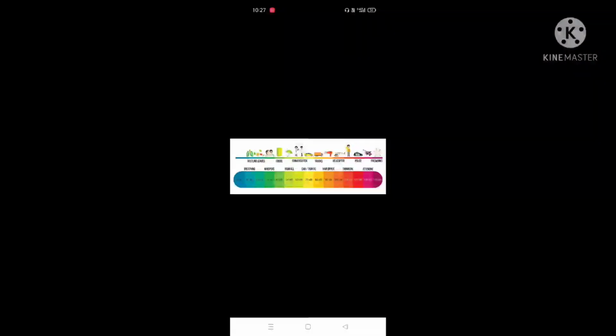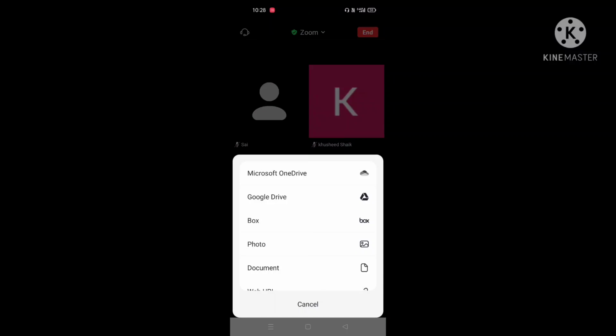What are decibels? Here we take decibel ranges, which sound is how many decibels. Breathing is about 10 decibels. These are some of the human hearing ranges. This you already know, so we don't need to discuss it now.